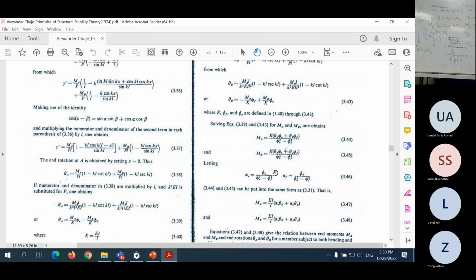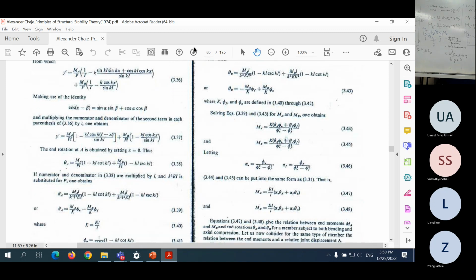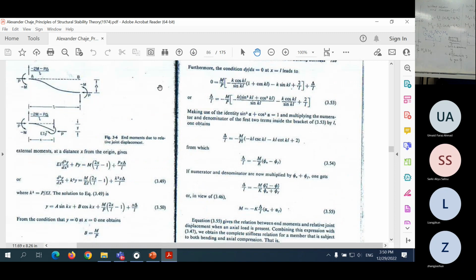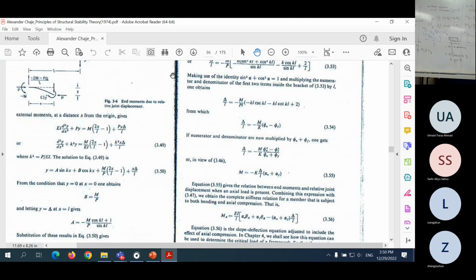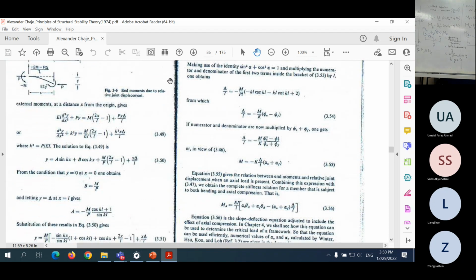If you proceed to the next one, the same thing, you get the governing differential equation first, which is equation 3.49. Then you get the solution for that.